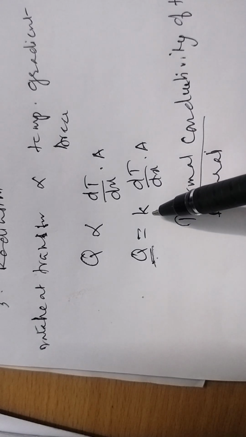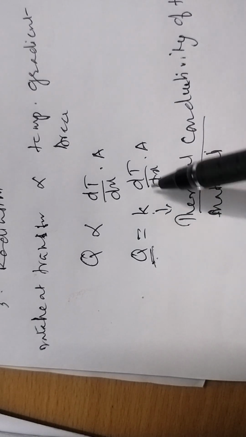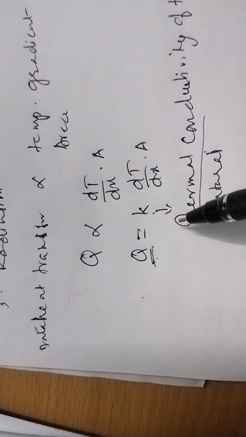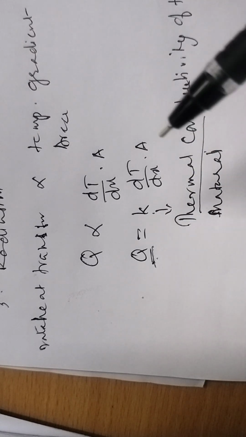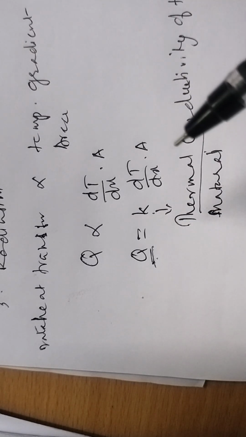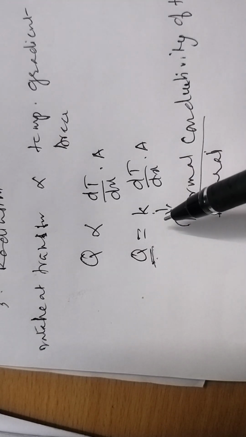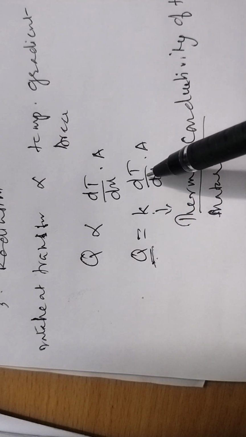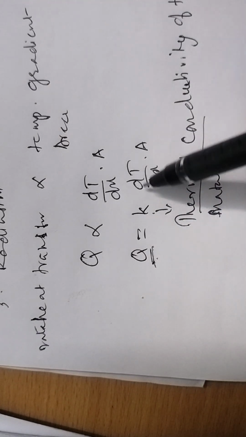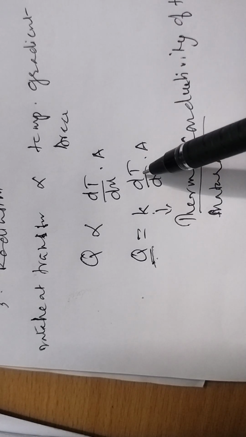One is thermal conductivity. If we have more thermal conductivity, the object will transfer more heat. If we have low thermal conductivity, like insulators, woods and plastic materials, heat will not be transferred. Then the temperature difference is the major player, which plays a major role in transferring heat.